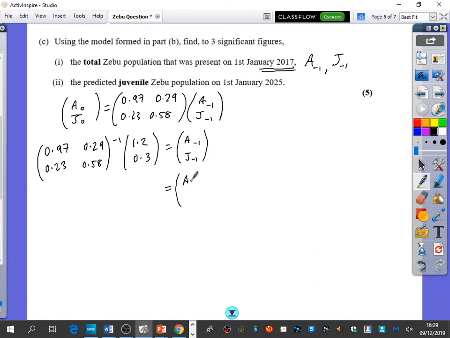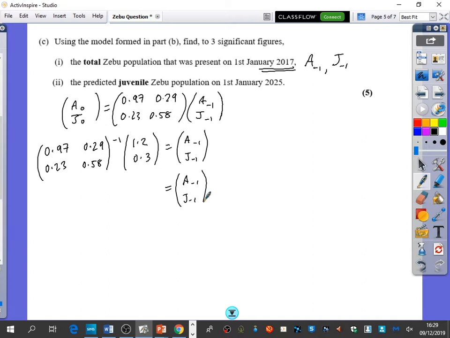So A minus 1, J minus 1, if we get our calculators and we do that, let's do that nice and quick.